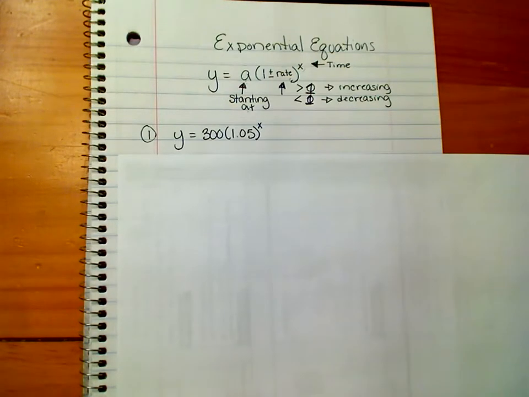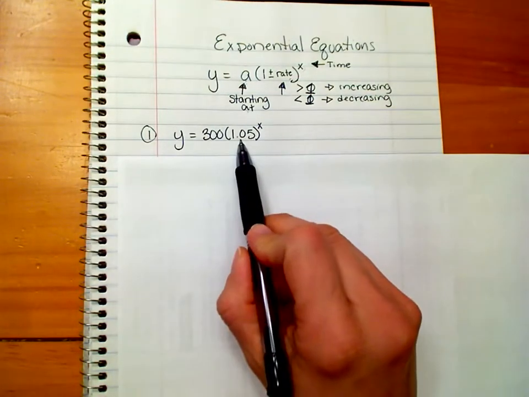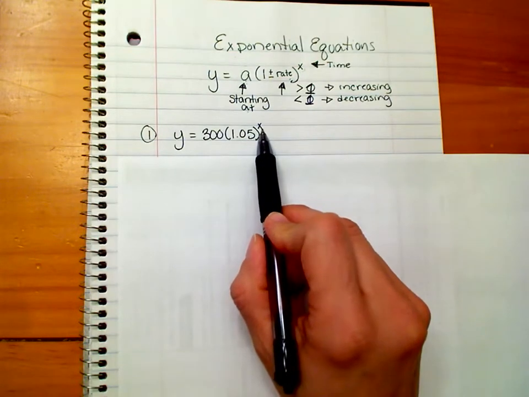So let's look at the first one. We know we started with 300 of something, and if this number is bigger than 1, we know that it's increasing, and this represents some time period.